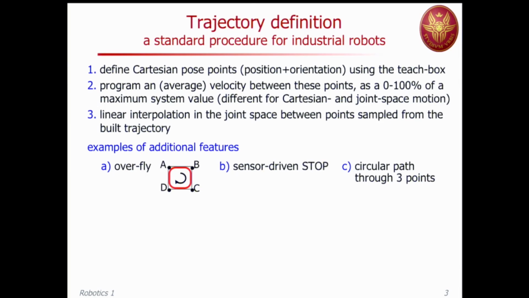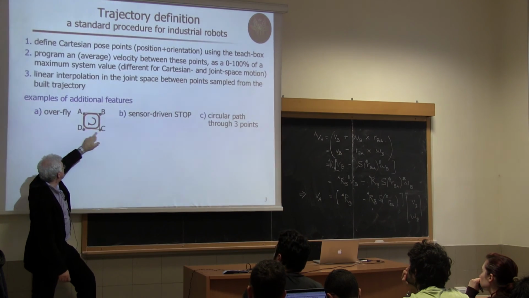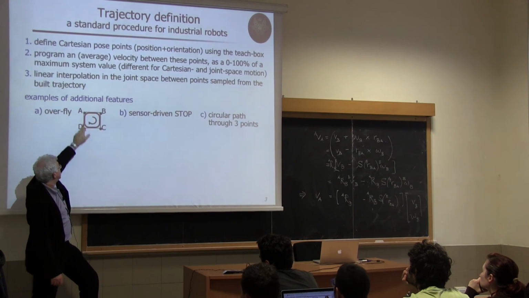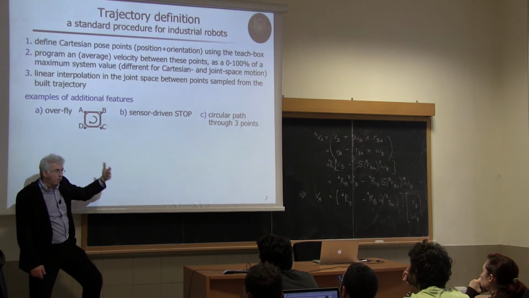Plus you can do more things. For instance, I can teach 4 points for the end effector, A, B, C, D. Now this is on the plane, but could be in space. And then when I specify a velocity from A to B, B to C, C to D, I may specify to stop in B, C, D, and then in A, and then cycle, or to do what is called overfly.